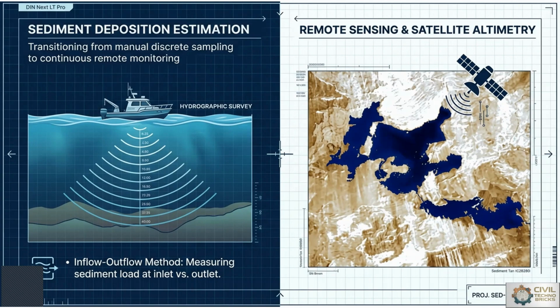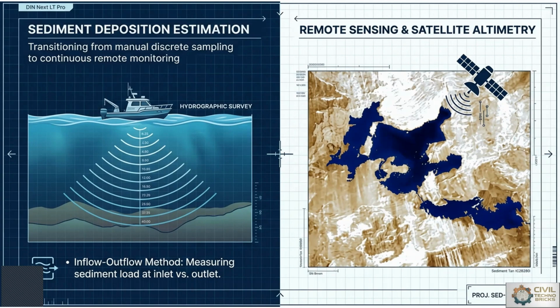The right side of the slide shows a shift toward using satellites to monitor water bodies from space. Altimetry specifically measures the height of the water surface and the surrounding land, allowing engineers to detect topographical changes and sediment accumulation over vast areas, sometimes inaccessible areas too.